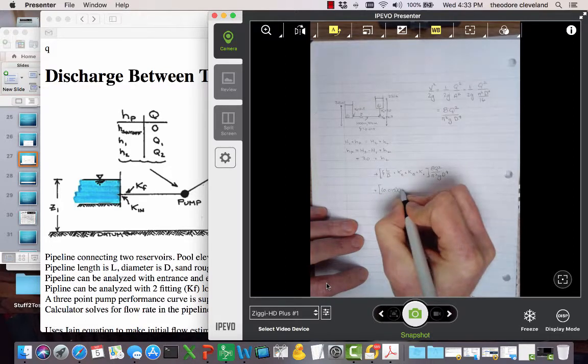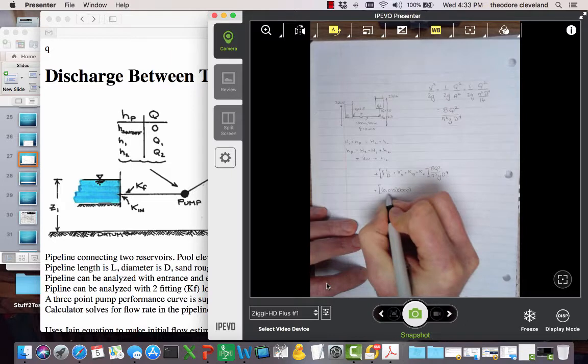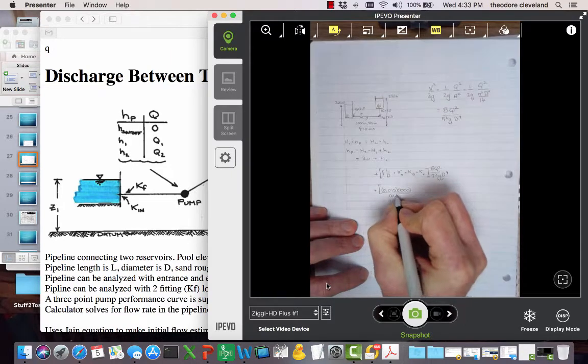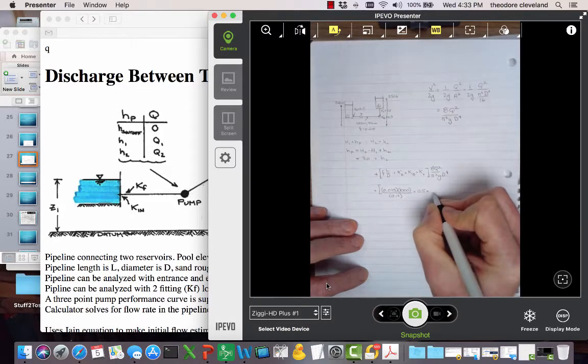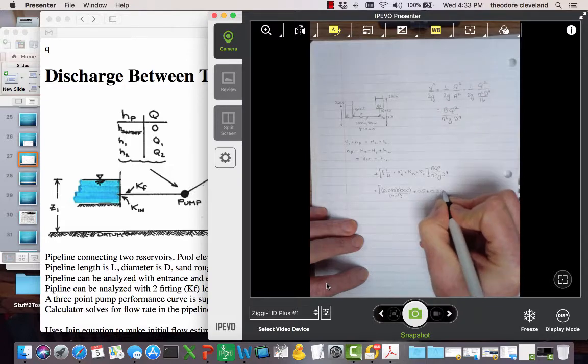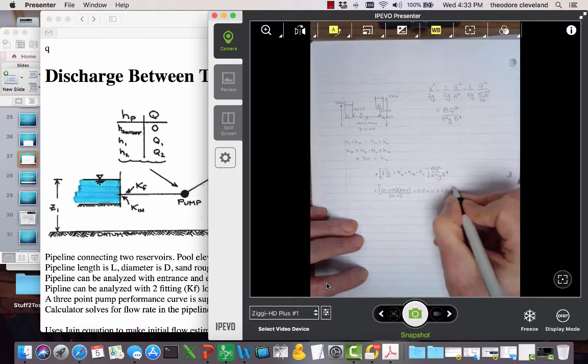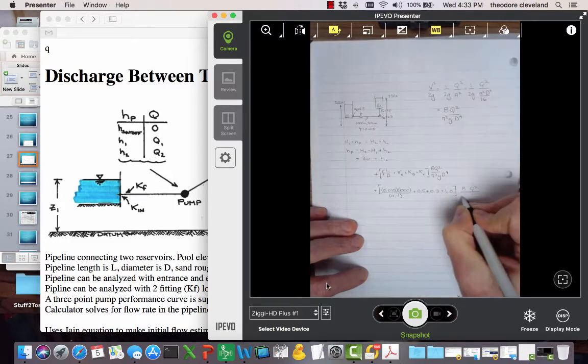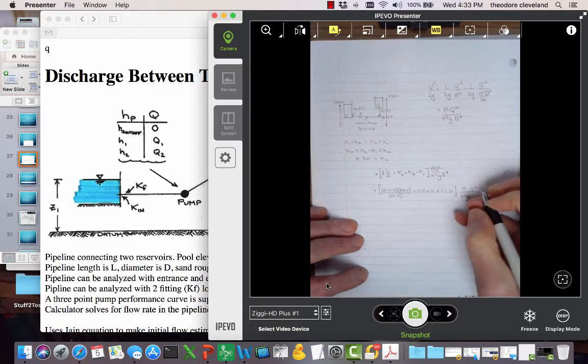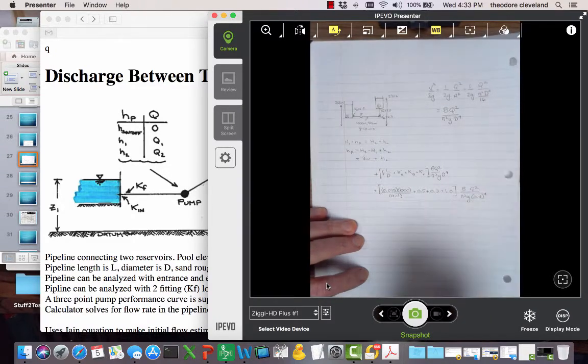Pipe length is 1,000. Diameter here is 0.4. Plus the exit is 0.5 plus bend, 0.3 plus 1.0, all times 8Q squared over pi squared g and 0.4 to the 4th power.